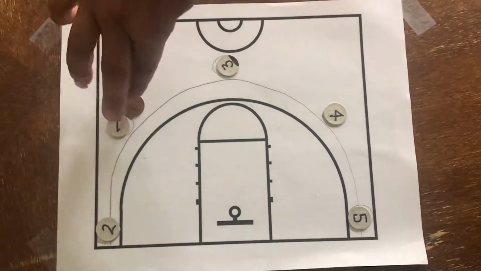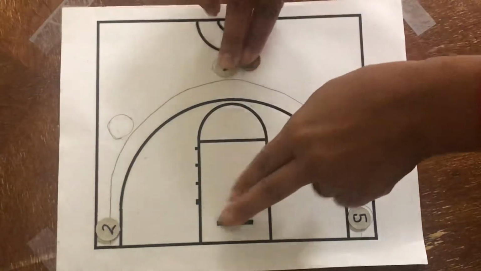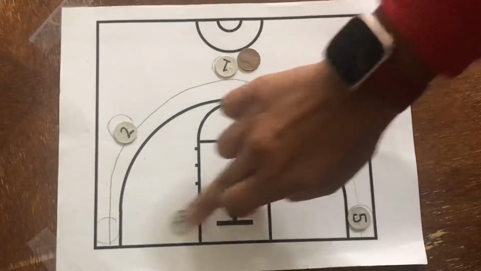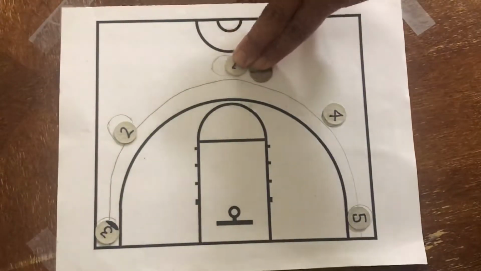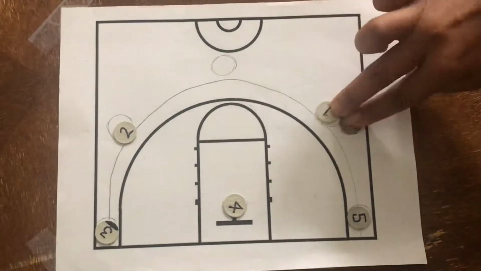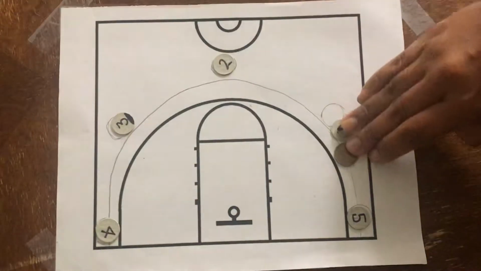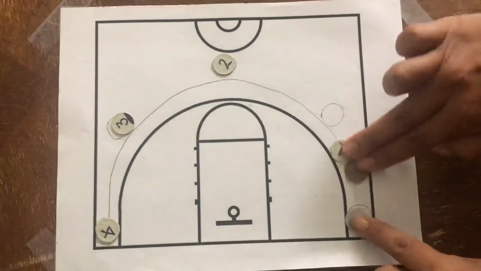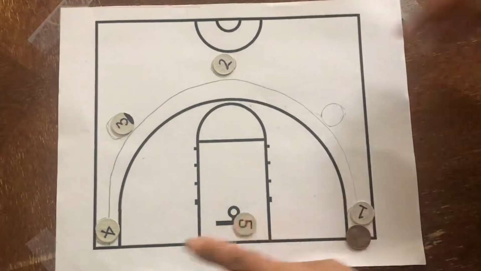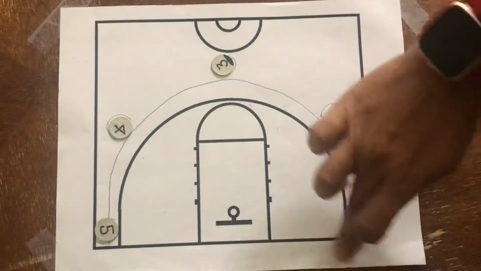So let's say she decides to dribble at, this player immediately cuts, and then this player fills up, cut out. Let's say she decides to dribble at, this player immediately cuts, fill, fill, fill. This player decides to dribble at, cut, fill, fill, fill, and cut out.